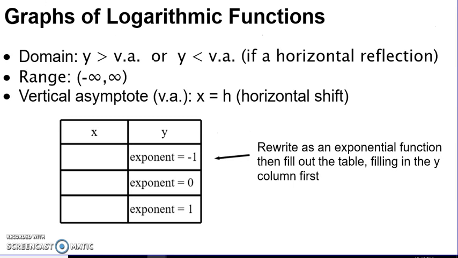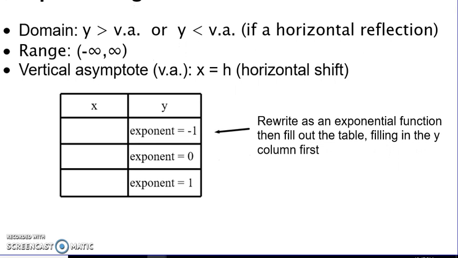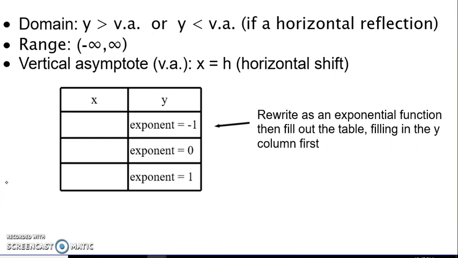Okay, so graphs of a logarithmic function. The domain here, x is going to have to be greater than the vertical asymptote, or x is going to have to be less than the vertical asymptote. The range is always going to be all real numbers, so negative infinity to positive infinity. The vertical asymptote is always x equals h, which is a horizontal shift. So I'm going to write exactly what your equation would look like.